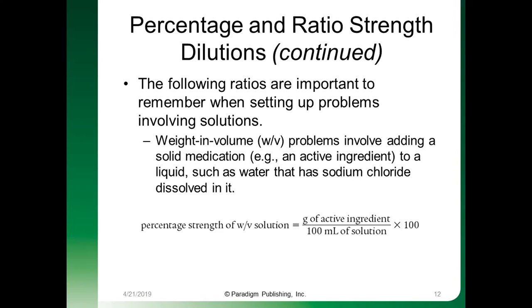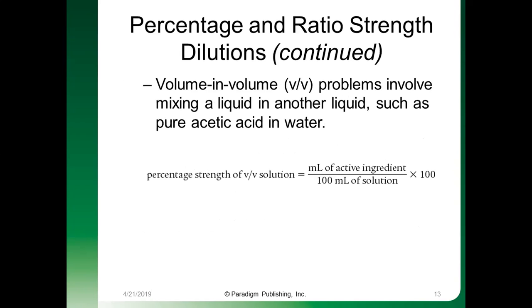Volume in volume is the same thing, but in this situation you're talking about milliliters over 100 milliliters. This involves mixing a liquid in another liquid, such as pure acetic acid and water. Again, that percent strength would be X mLs of the active ingredient over 100 mLs of solution times 100.